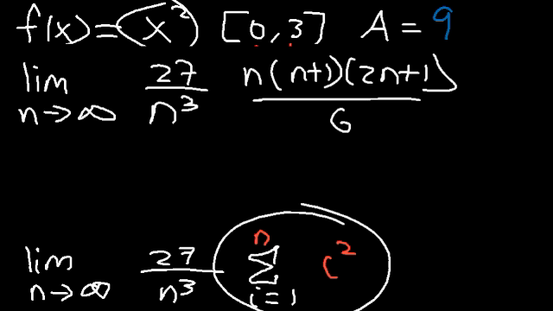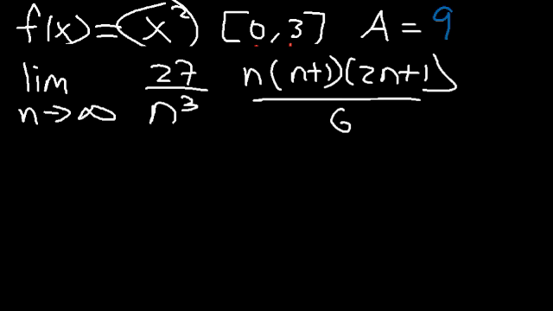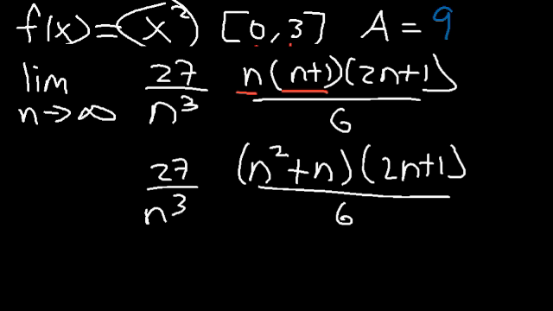Now at this point, what we need to do is focus on the algebra. So let's distribute n to n plus 1. So that's going to be n squared plus n times everything else. Now let's FOIL these two expressions.